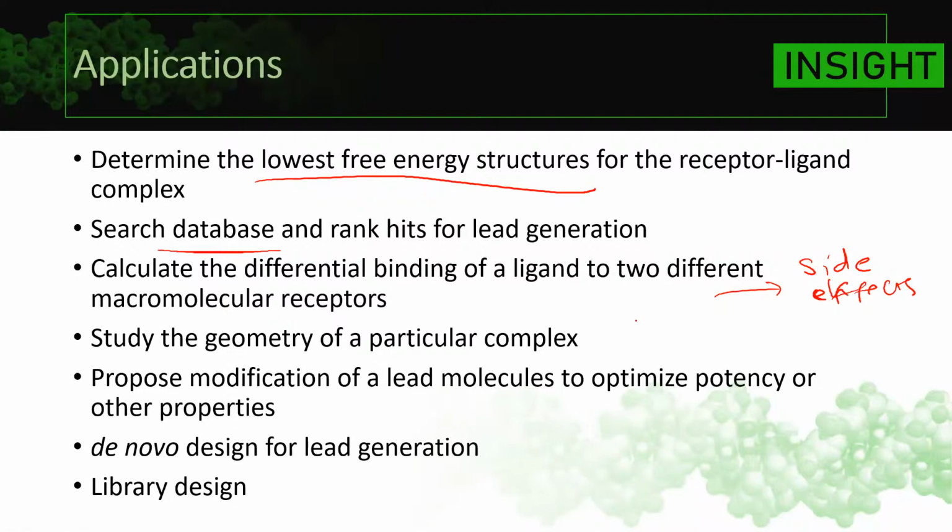And many of these side effects are caused because of the cross reactivity of the molecule. That means the molecule is able to interact with more than one specified target. It may interact with other important proteins in our body, and that might cause some of the side effects.